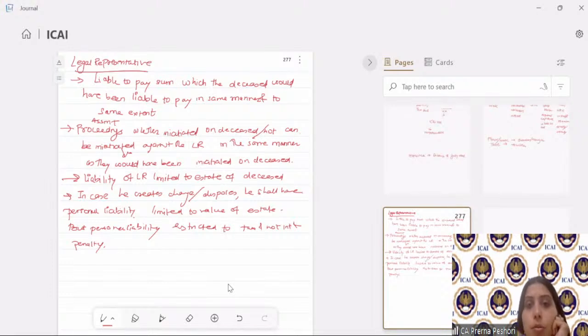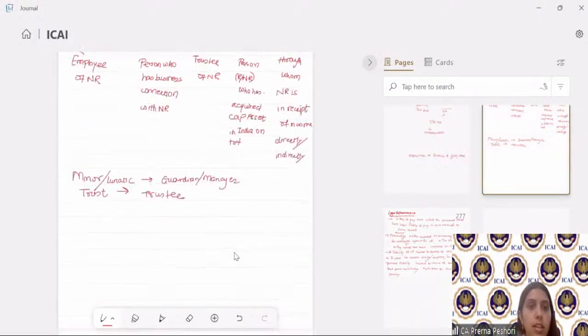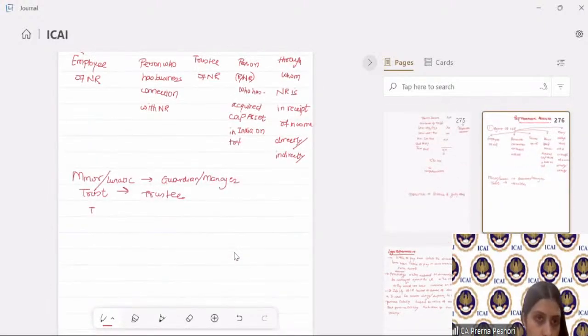With respect to the Insolvency Act, the official assignee is considered as the representative assessee because in case of insolvency, the assignee is there who realizes the property of the insolvent and allocates it to the creditors. So, in case of insolvency, there is a CBDT circular, a recent one.